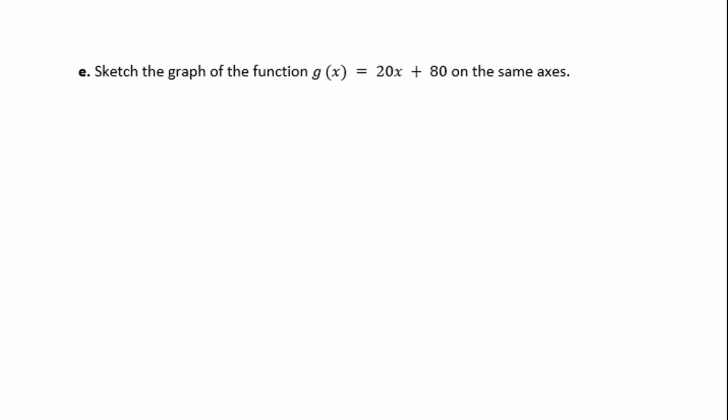Let's go to E. Sketch the graph of the function g of x equals 20x plus 80 on the same axis. This is a linear function. We need to figure out the x-intercept and y-intercept.